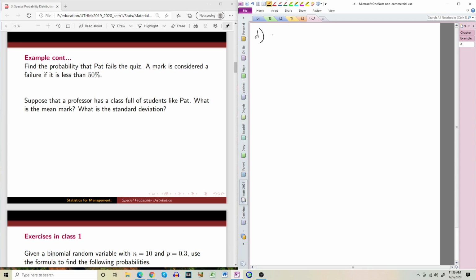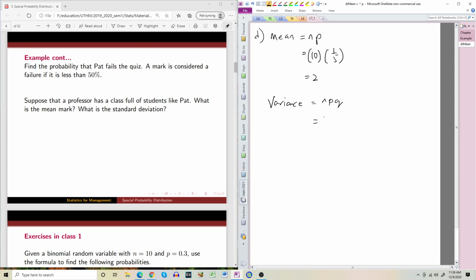They want the mean mark. Mean is, we know, NP. Our N here is 10. Our P here is 1/5. So the answer is 2. Variance is NPQ.